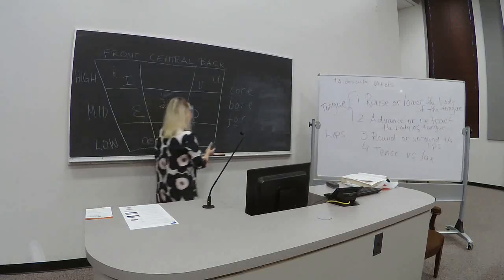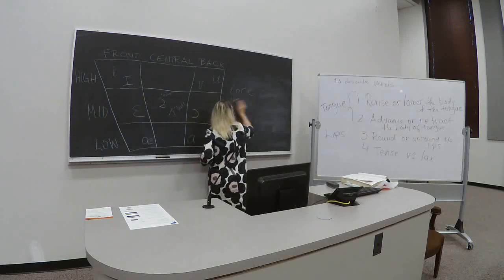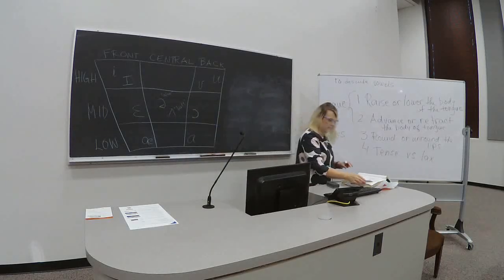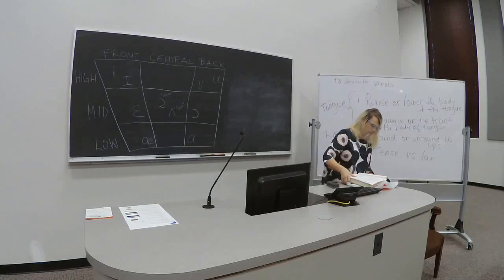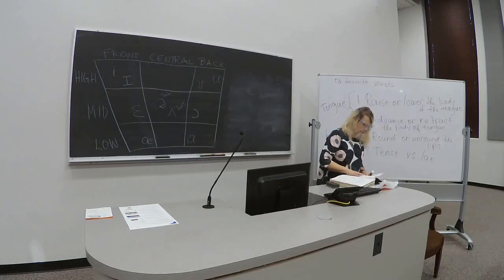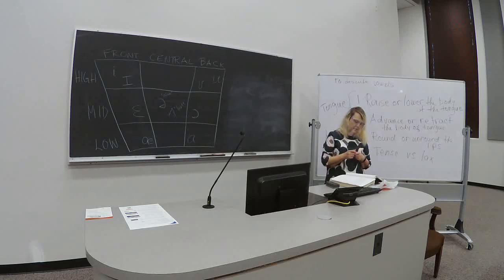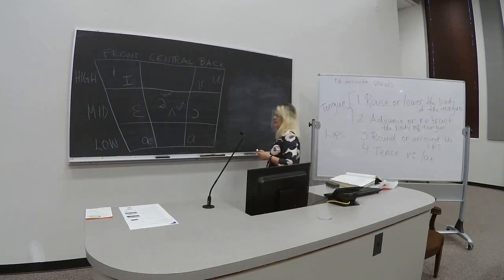Two more. If you please turn to page 61. There's two more pages, 62 actually, three more pages. So you notice that there are two more vowels added to this chart, and this is the chart for the diphthongs.